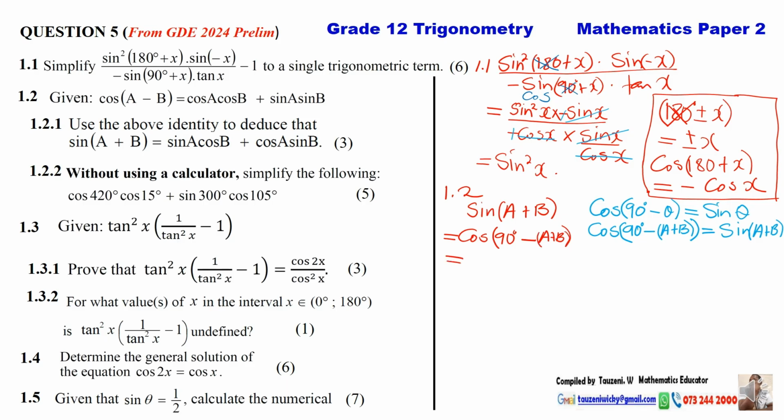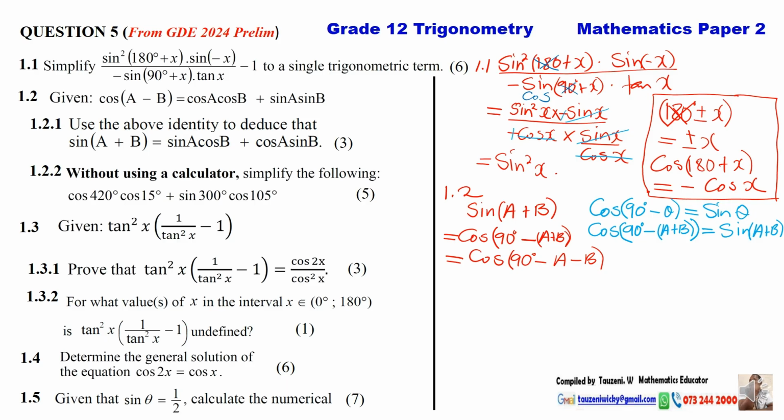So simplified, this is equal to the cos of 90 degrees minus a minus b in brackets. Then to work out your answer going forward from here, applying the expansion for the compound angle identity for cos, we're going to take 90 degrees minus a.